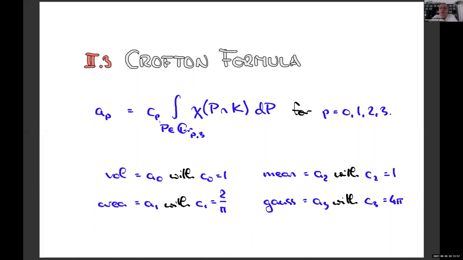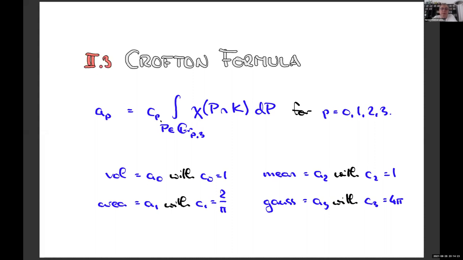So you really just integrate over the lines that intersect the convex body. In a non-convex case, it's a little bit more complicated because the line intersects in pieces, and then the Euler characteristic of the intersection is the number of pieces. And you integrate this over all lines, you multiply with this constant C_p, then you get the intrinsic volumes.